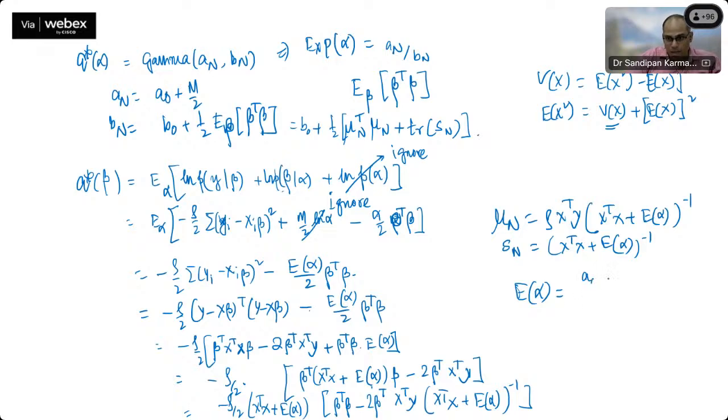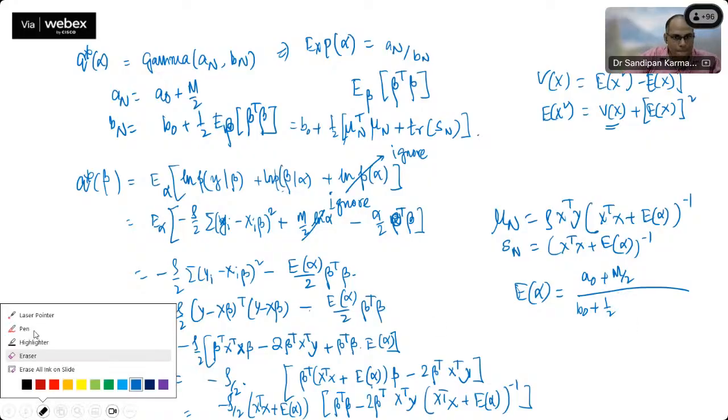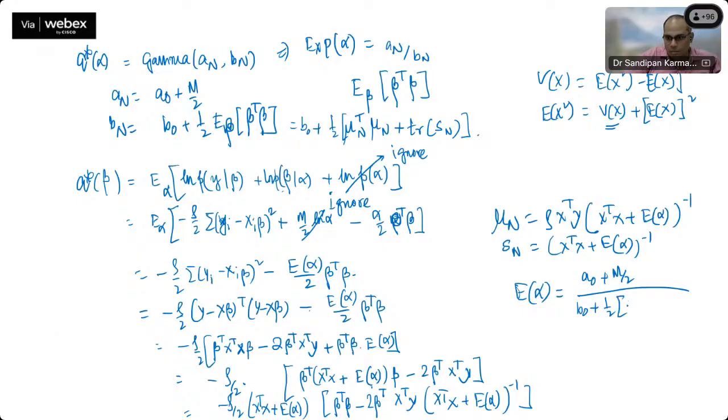An by Bn will be (A0 plus M by 2) divided by (B0 plus half E of beta), we have already done that also. So this will be half of (mu n transpose mu n plus trace of Sn). Now this mu n and Sn you can find out from here.